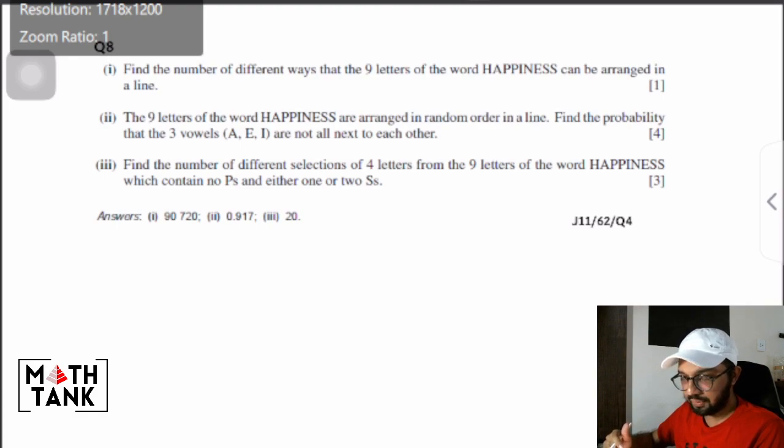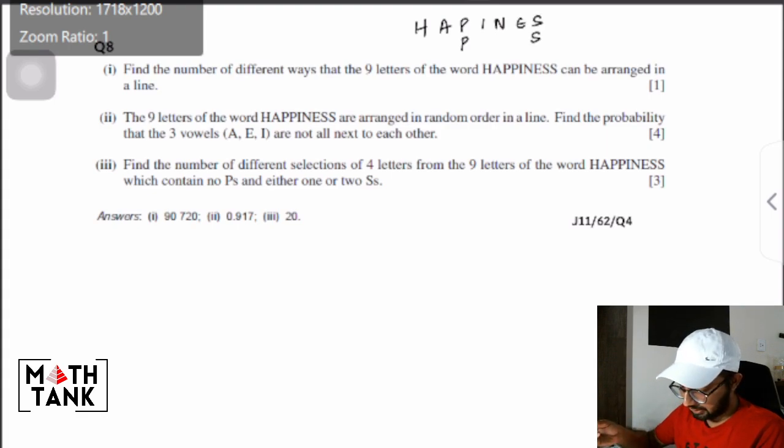It says find the number of different ways that 9 letters of the word happiness can be arranged in a line. Now this is something that we have also done in class, that I tend to write the letters like this. It tells me how many of these letters are identical. So that's happiness.